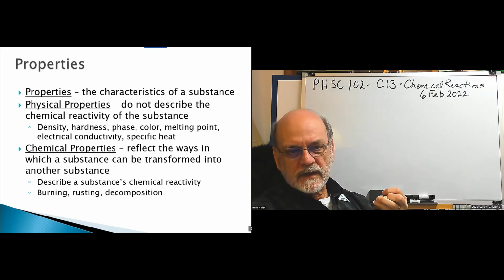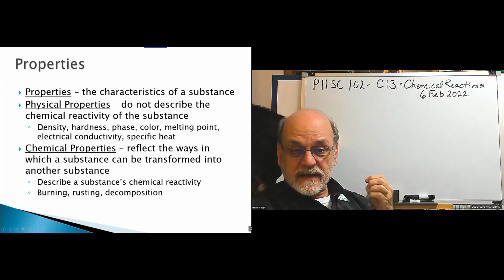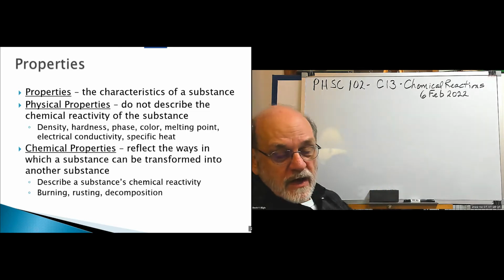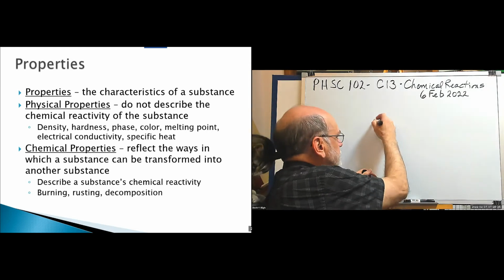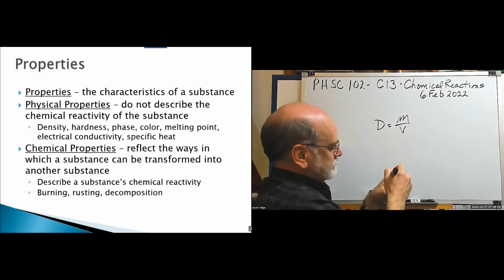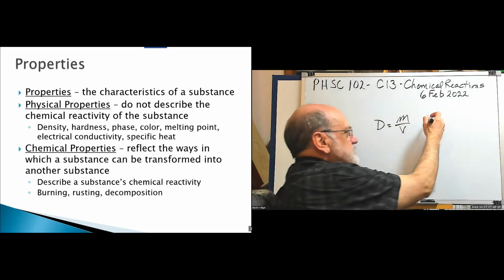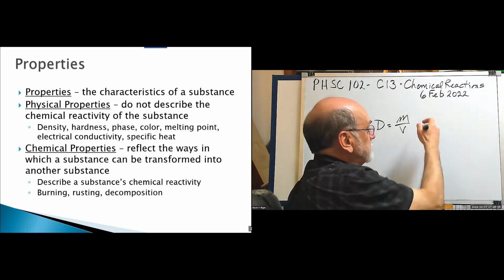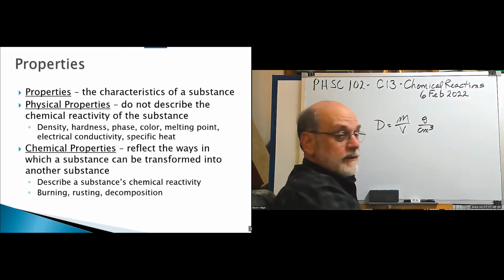For instance, density. Density is an expression of the mass of something per unit volume. It may be expressed very often in terms of grams per cubic centimeter.